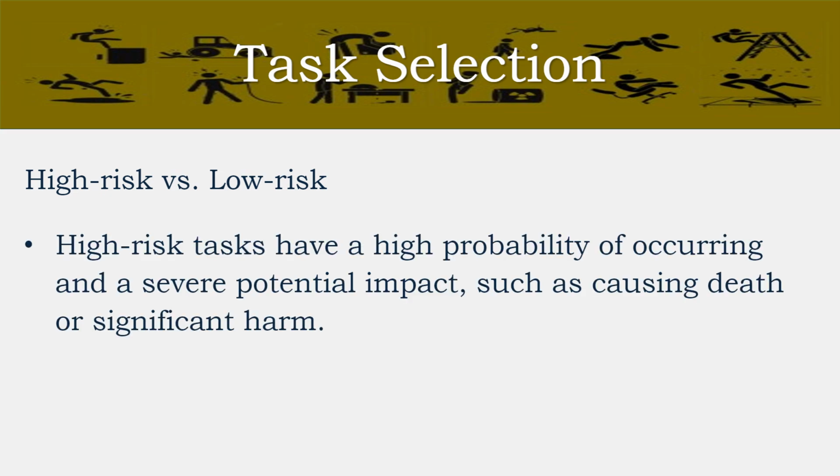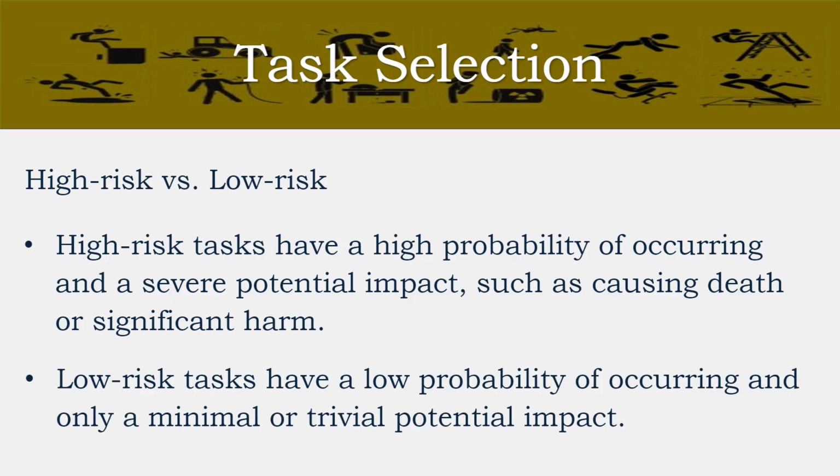High-risk tasks have a high probability of occurring and a severe potential impact, such as causing death or significant harm, while low-risk tasks have a low probability of occurring and only a minimal or trivial potential impact. Risk is typically assessed by evaluating both the likelihood of a negative event and the severity of its consequences, often visualized using a risk matrix. High-risk tasks require special controls and resources to prevent serious harm, whereas low-risk tasks require only minimal oversight.